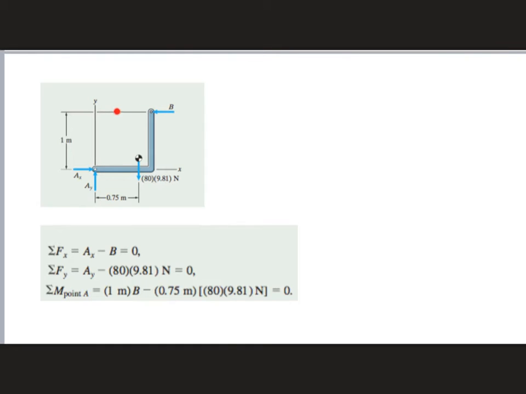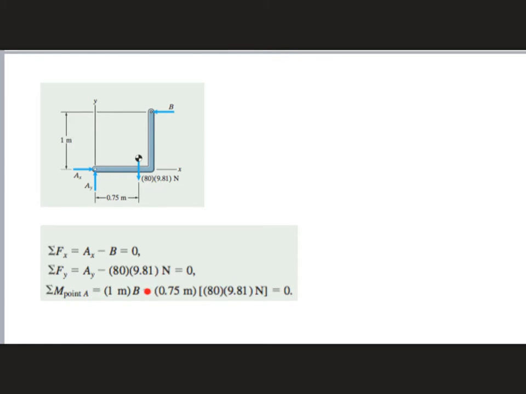Remember, the force line of action is going left to right here, and the perpendicular distance from the axis of rotation is going to be 1 meter. So we can plug and chug: 1 meter times B minus 0.75 times mg. That's the weight of the entire 80 kilogram bar acting at that point, all equals 0.